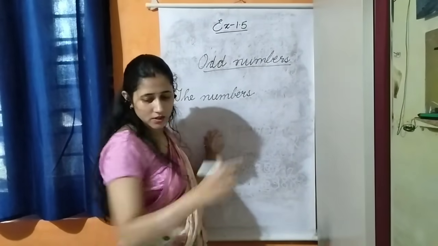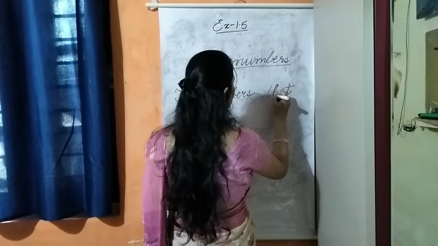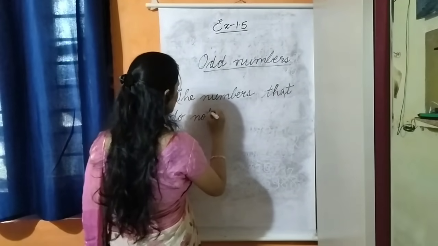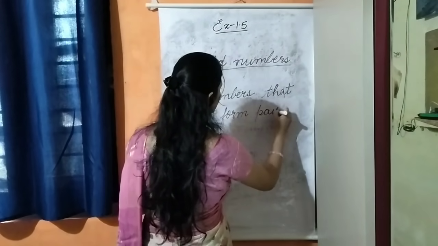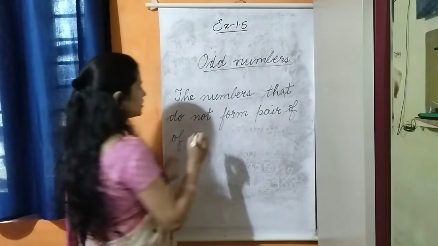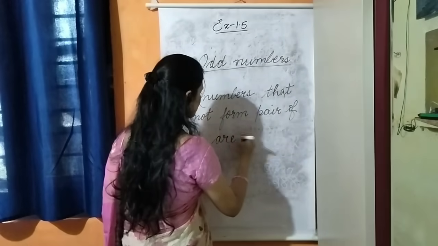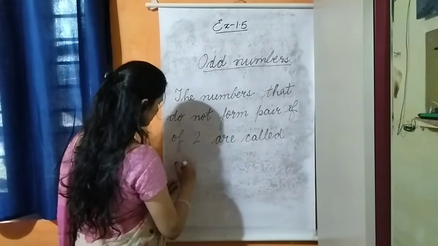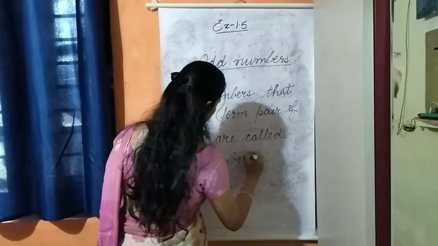The numbers that do not form pairs of 2 are called odd numbers.